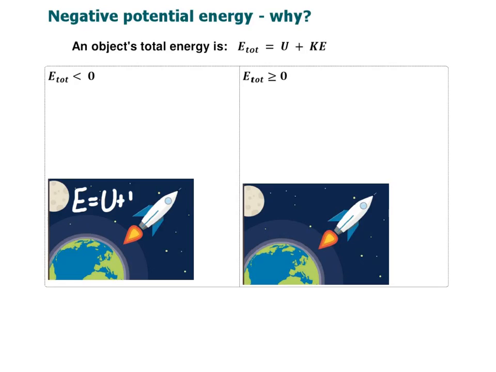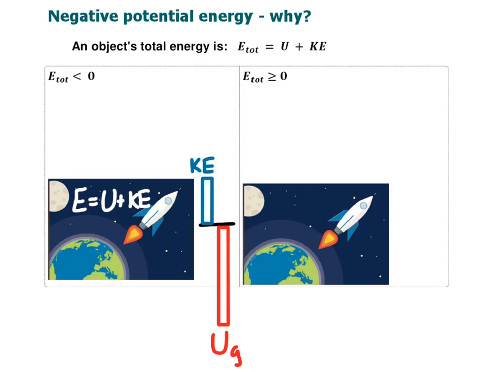So on the left-hand side here, if we were to draw a bar graph of this object's potential energy and its kinetic energy just after it blasts off the surface of the Earth, in this particular scenario, it might look something like this. So you have some amount of kinetic energy, but the bar graph for potential energy is bigger and negative. So when you add these two numbers up, you're going to get a total energy that is less than zero.